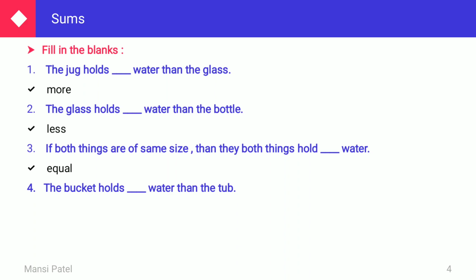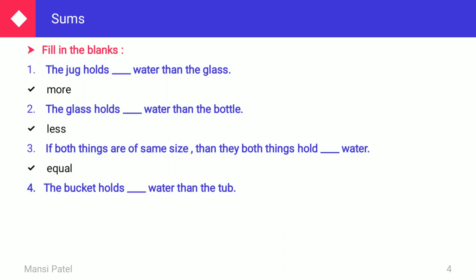Let us see next. The bucket holds dash water than the tub. Now see here, just imagine one bucket and one tub. The bucket is smaller than the tub.